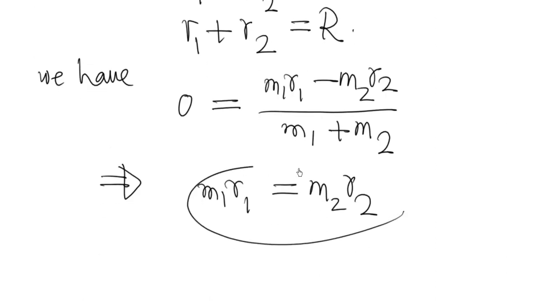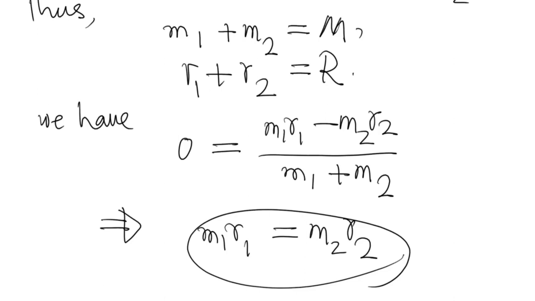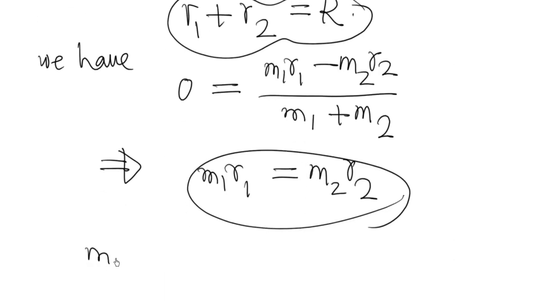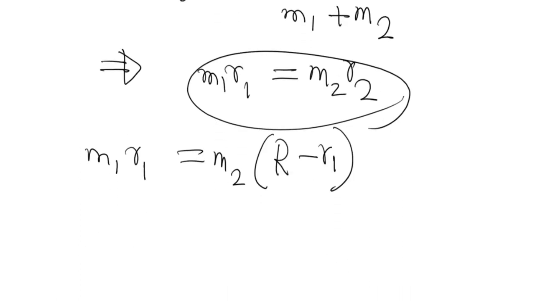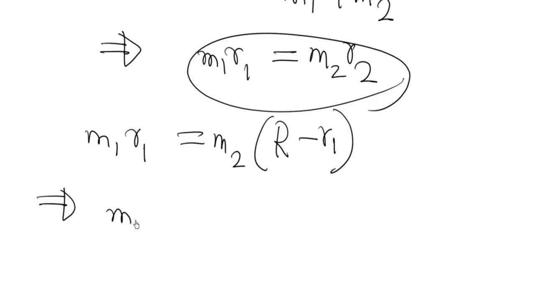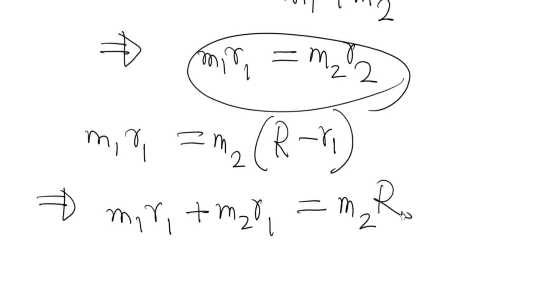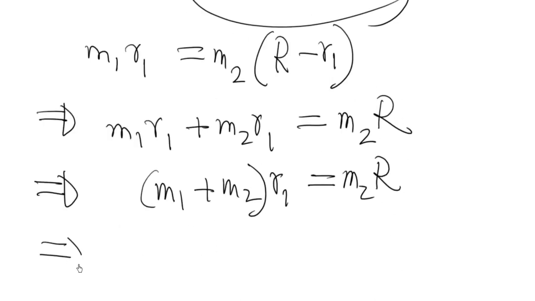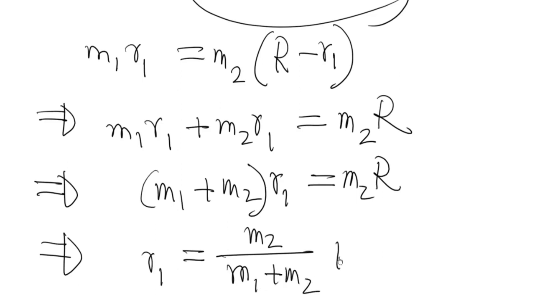So solving this equation and this equation, we get M1 R1 plus M2 R1 equal to M2 capital R, which, if we take R1 common, is M1 plus M2 times R1 is equal to M2 capital R. From there we see R1 is M2 divided by M1 plus M2 times capital R.